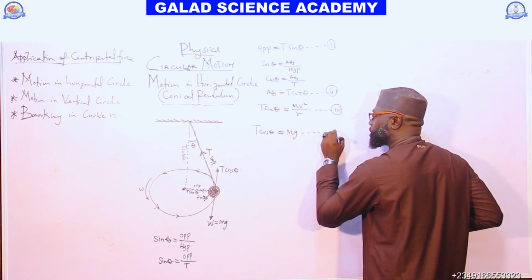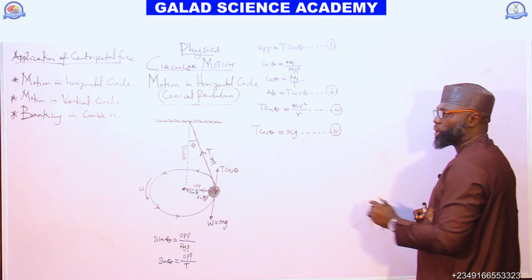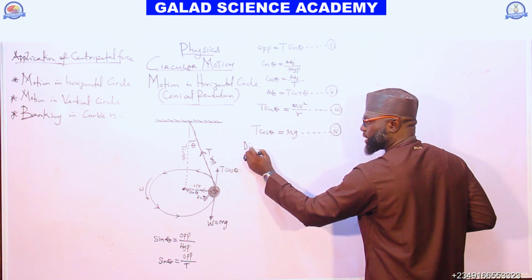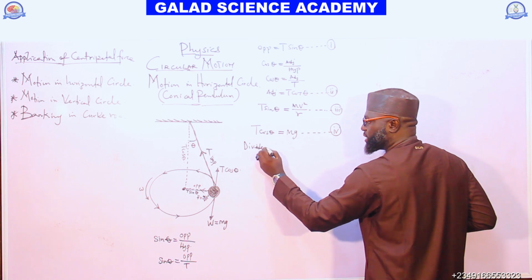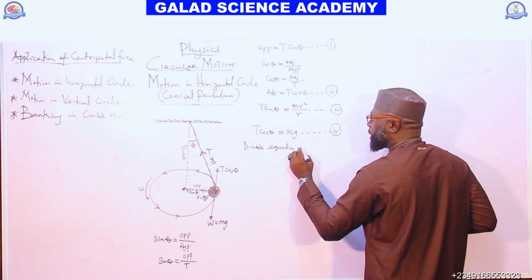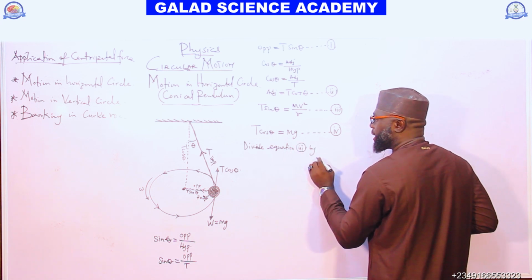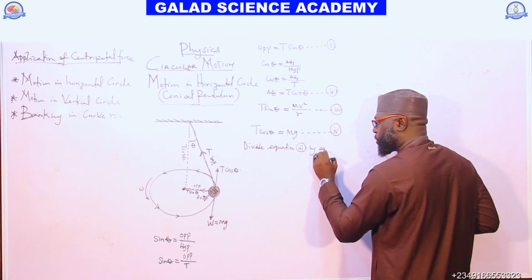Call it Equation 4. The next thing we do now is divide Equation 3 by Equation 4.